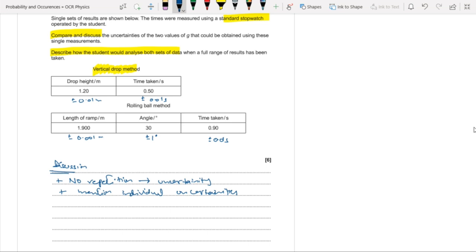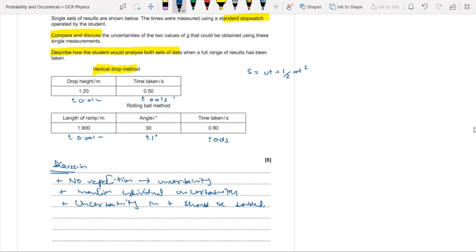Also, the uncertainty in t should be doubled. Why? Because the calculation of g would be through some sort of suvat equations, like for example, s equals ut plus half at squared.